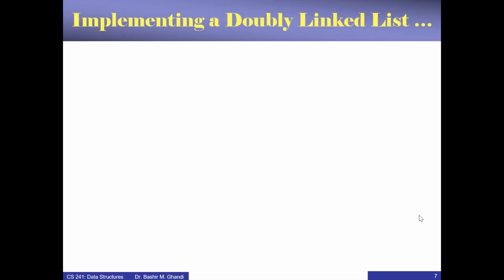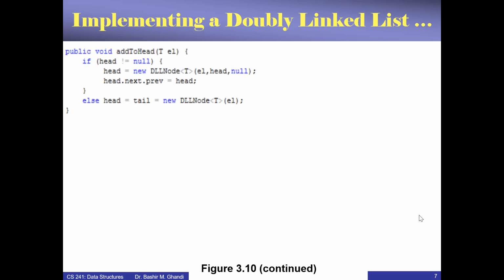Okay, now let's go to the more interesting methods of insertion, and then after that deletion. Starting with add to head. So add to head is very similar to add to head of singly linked list. The only difference here is we have two references, not only next but also prev.